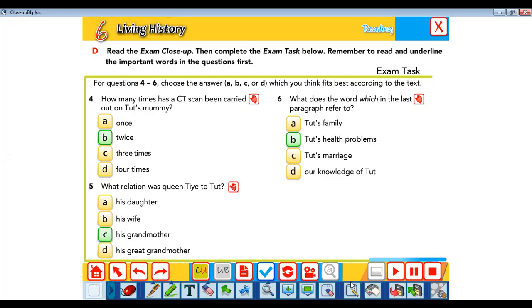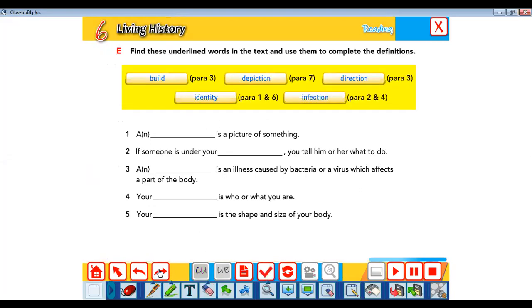The most important exercise here in this lesson is exercise E. Exercise E is so important. We will try to answer it together because this is about the most important vocabulary here. Let's try to answer together.